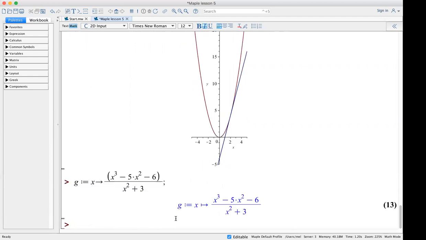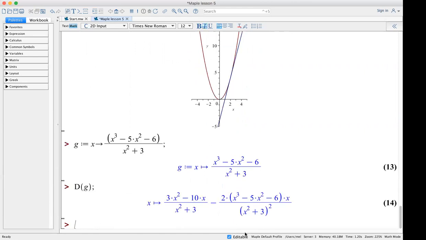So that's a function. The derivative is kind of a mess, but Maple calculated it. We didn't have to.